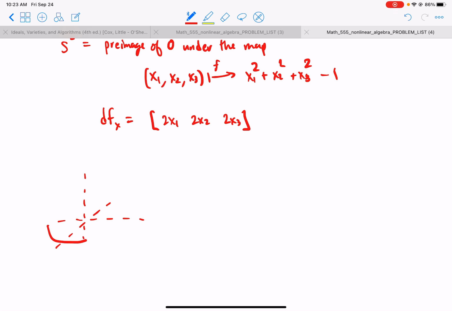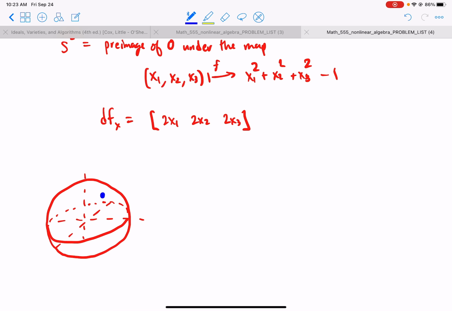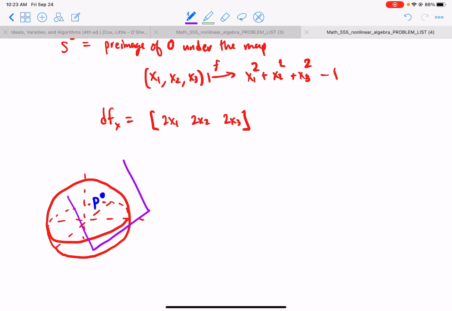So we have our sphere, and let's say we have our point on the sphere, P. Okay, there's the point P. And now, what are the tangent vectors here? So we know that the tangent space should look like this. We can compute it by the parametrization explicitly and find this exact plane.